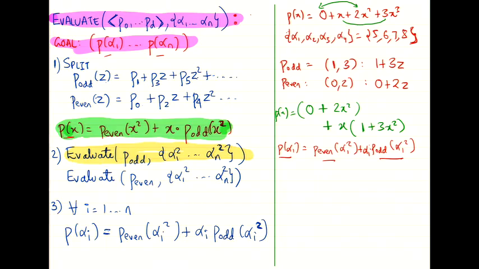I'm going to evaluate the polynomial p even on, again, the squares. And then, given these two, I can calculate the original values I cared about: p of alpha i is p even of alpha i squared plus alpha i times p odd of alpha i squared.